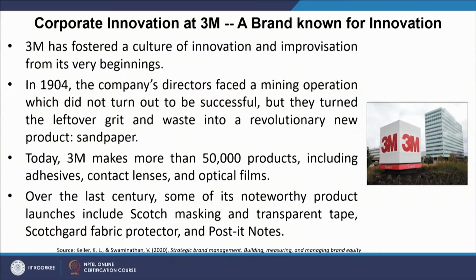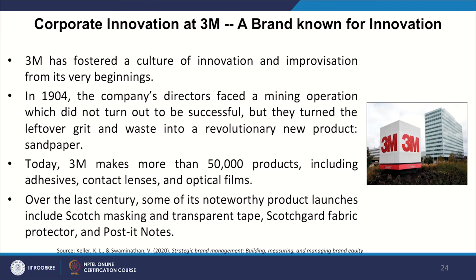So today 3M makes more than 50,000 products, and that is precisely the point. Scotch Brite is one of my favorites actually, including adhesives, contact lenses and optical films and so on, several kinds of products. Over the last century, some of its noteworthy product launches include Scotch masking tape, transparent tapes, Scotch tape, remember these names?